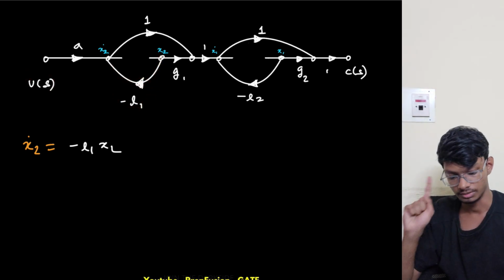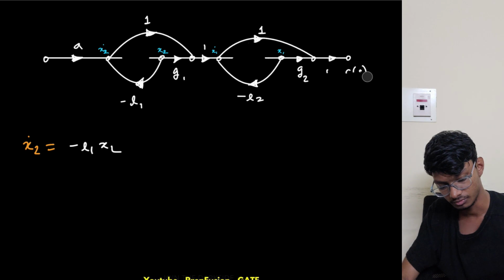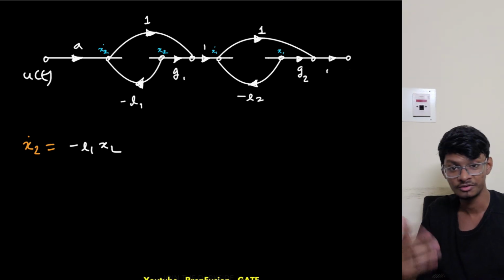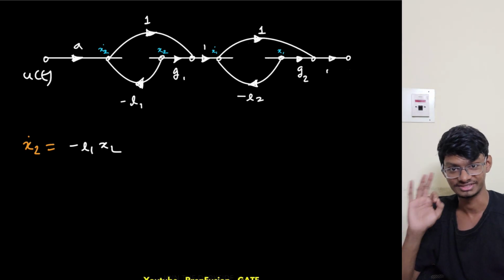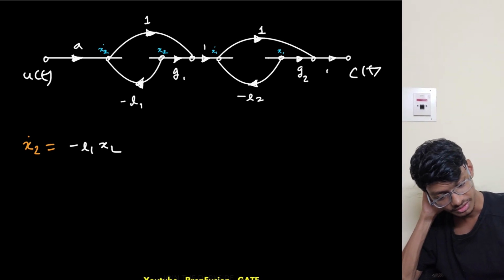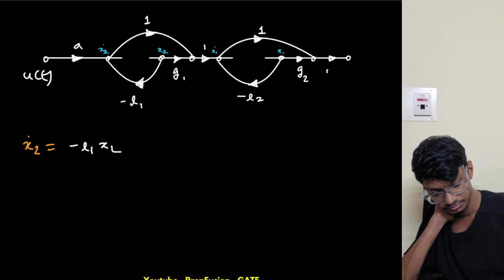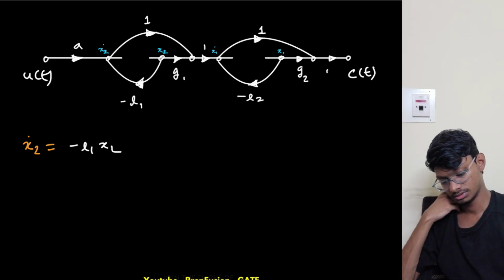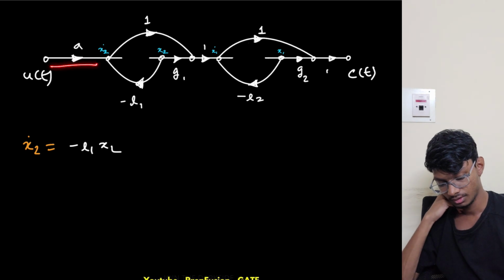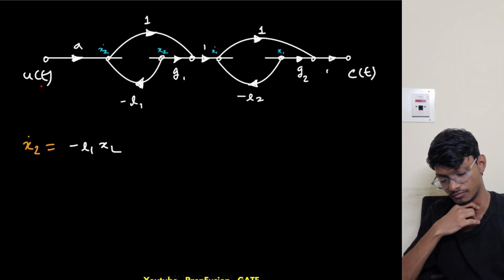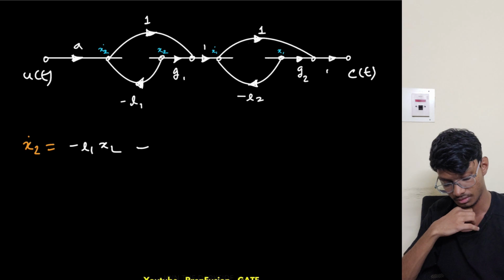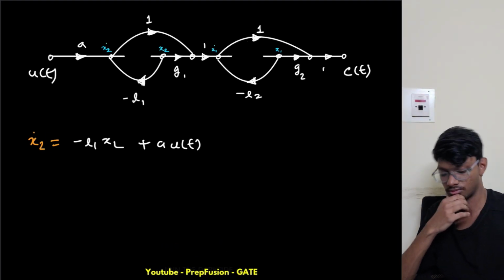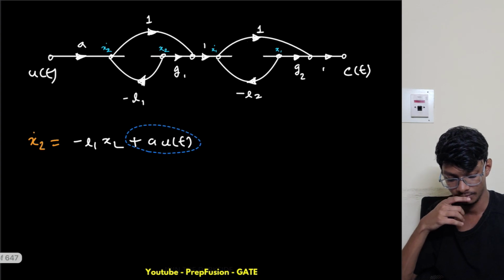Now input, let me first name the input and output as time domain expressions. So this is c of t. I hope you are not confused anymore that this is not a unit step, this is just the input. And this is c of t. So this is a times u of t, so plus a times u of t.